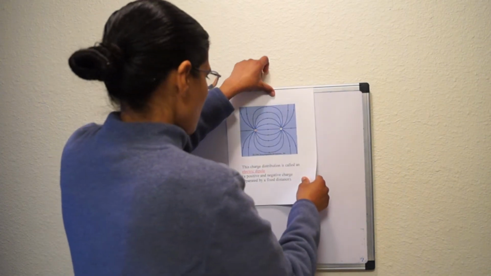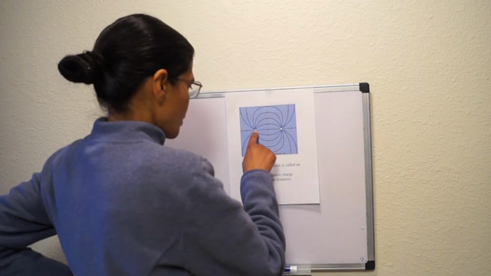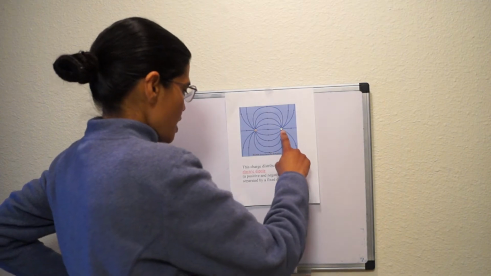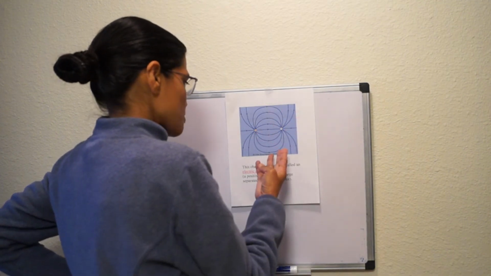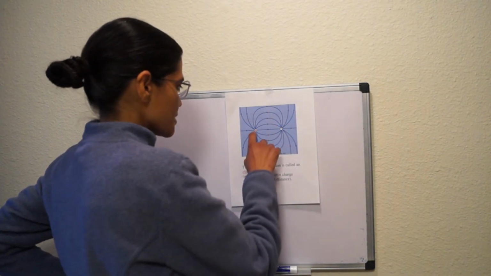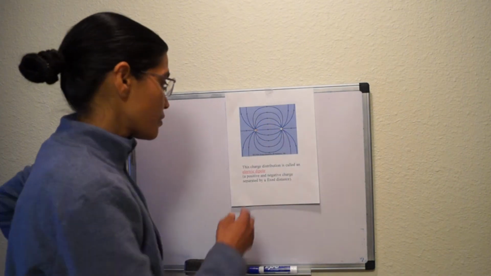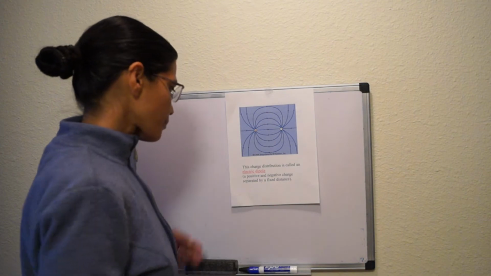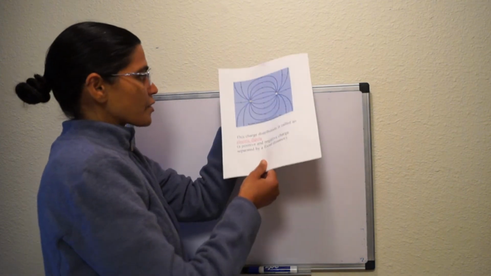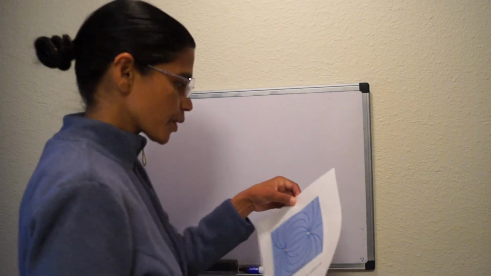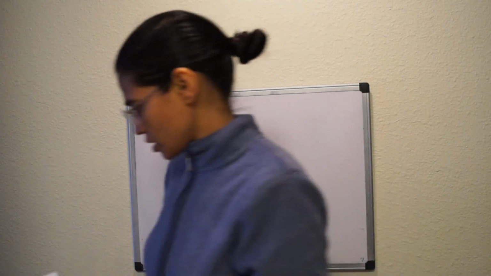So we have two charges here, one positive, one negative, and this distribution forms a dipole. The field line begins from the positive, ends at the negative, and the field lines look like this. Okay, so that was the field lines produced by some configurations of charges.